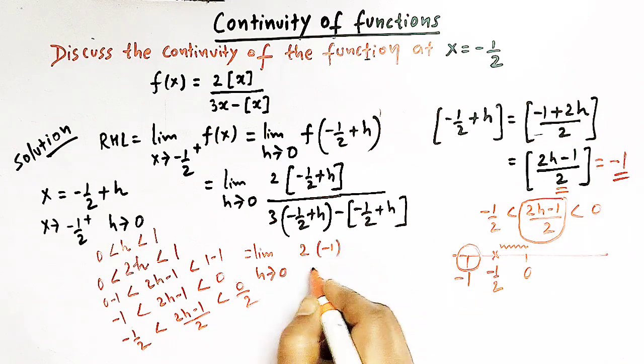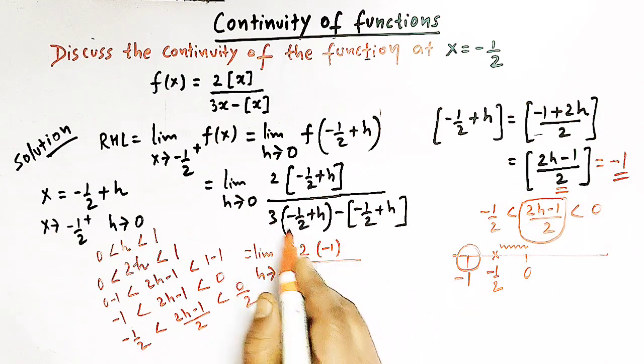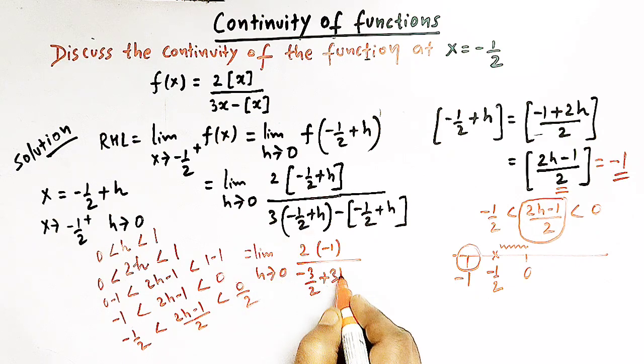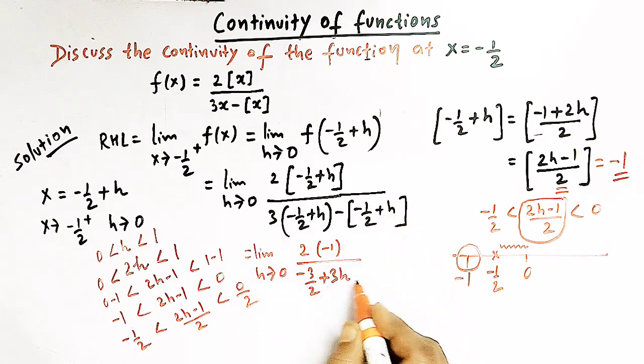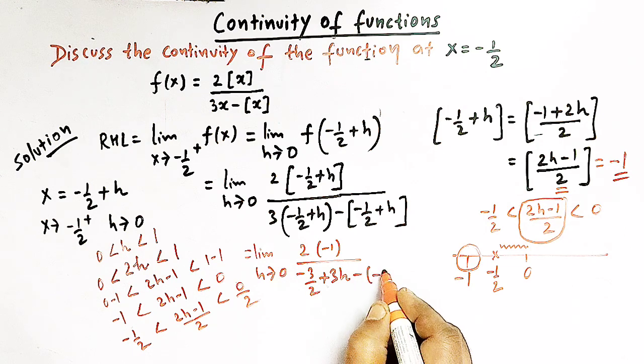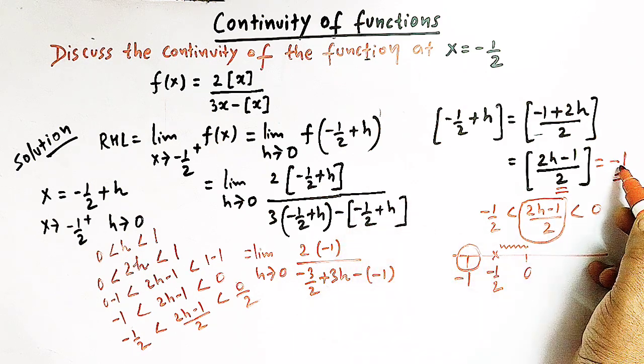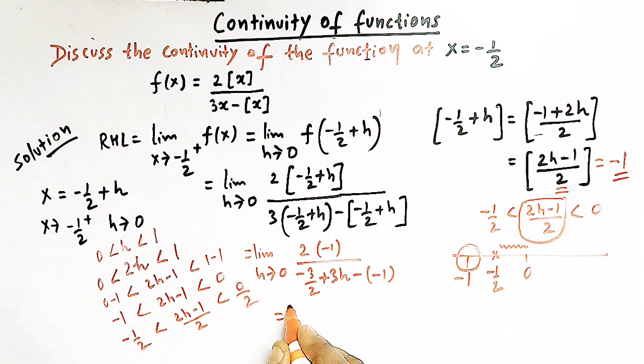So here we have -1, and here we have -3/2 + 3h, and for this we have -1. The value of the greatest integer of (-1/2 + h) is -1. So now we have the limit as h tends to 0.